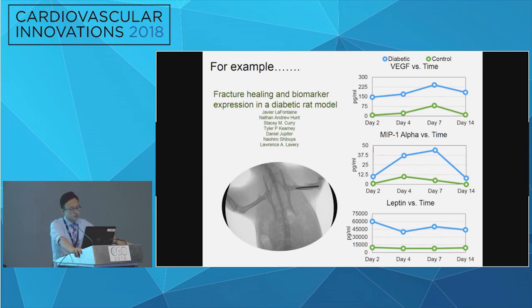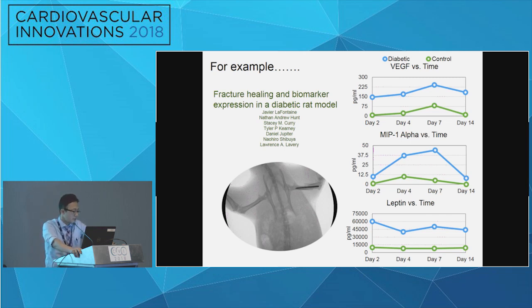We purchased diabetic fat neuropathic rats, not one of those knockout gene rats with diabetes, but fat neuropathic rats you could purchase. We did a femoral osteotomy and fixated with a K-wire, kind of an intramedullary unstable construct, and we measured the serum cytokine levels and the growth factor levels.